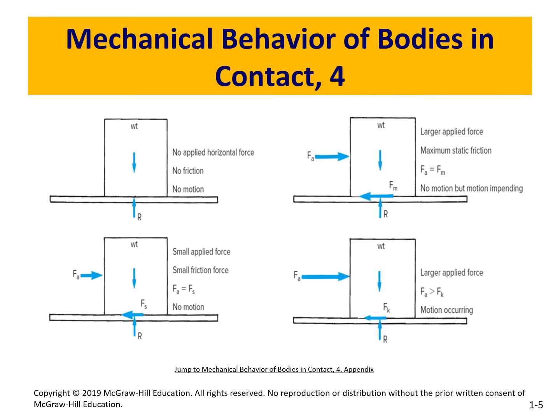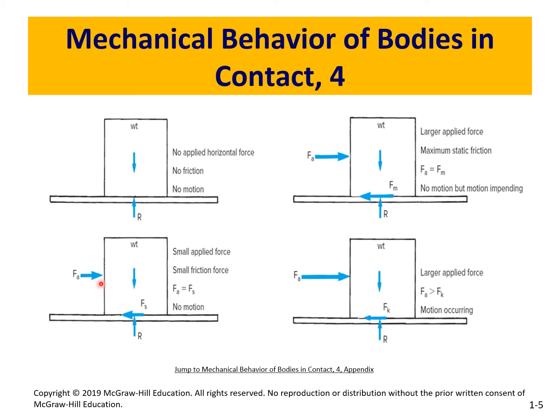So here in this schematic, on the top left, this is our example that we started with. We have the weight of the box on the table, and we have the reaction force. The weight force and the reaction force are equal and in opposite direction, and we don't have any horizontal applied forces, so we have no friction and no motion. Now, let's say we have a force, FA, now we are pushing the box from the left to the right, and we say that we have a small applied force.